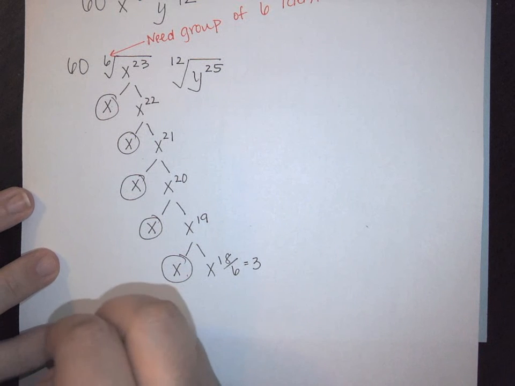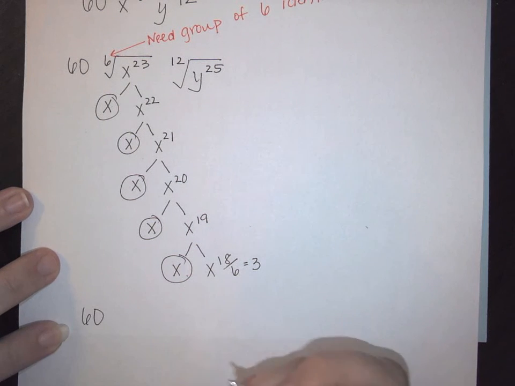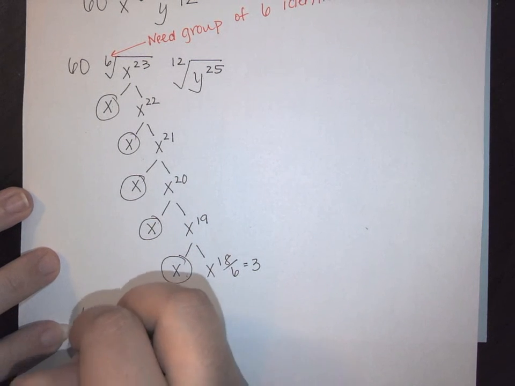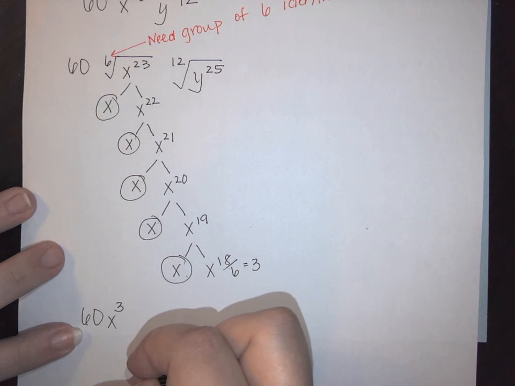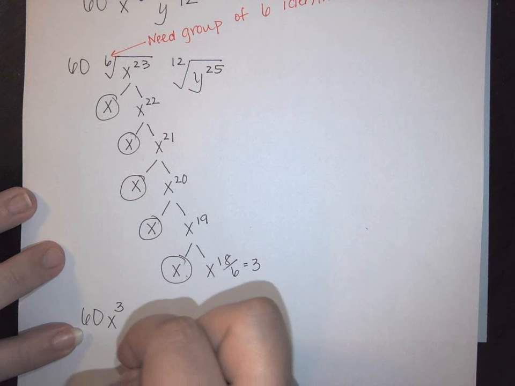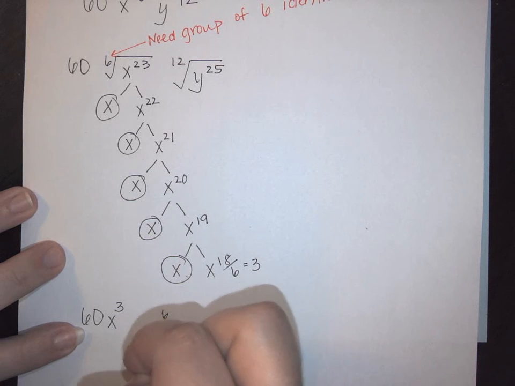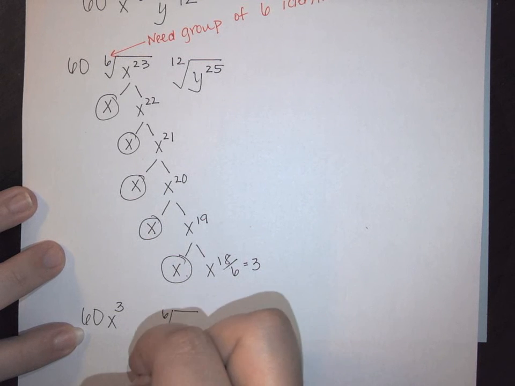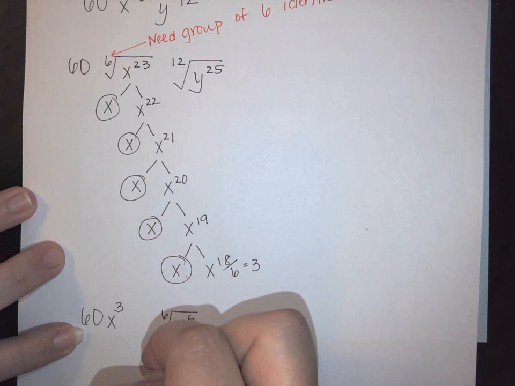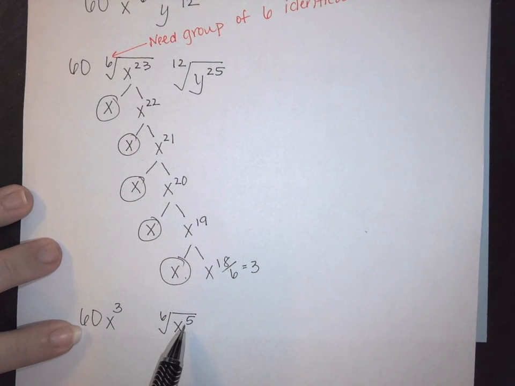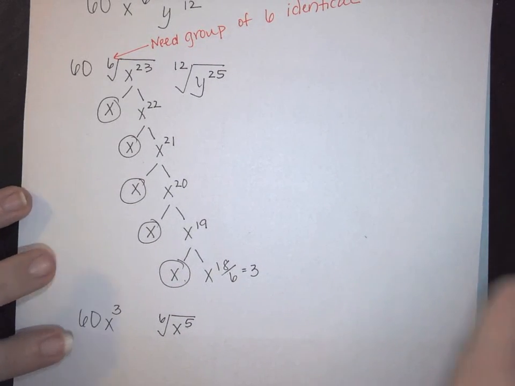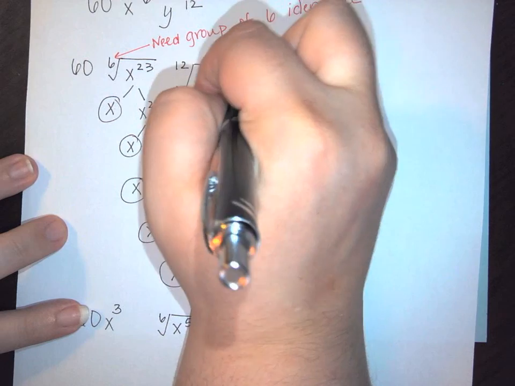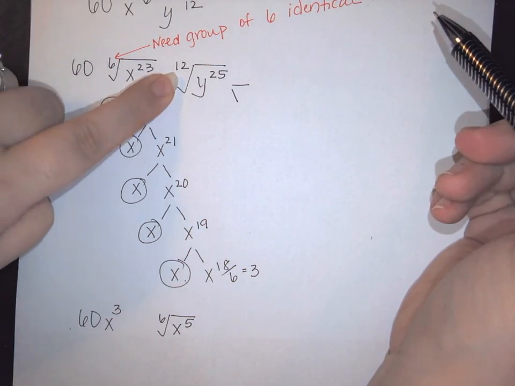Okay? So what we have right now is we have 60. We've got an x cubed on the outside. I'm going to leave a space, and this is going to be my 6th root of x to the 5th, because I cannot pull a group of 6 out of only 5 remaining. Well, we can do that exact same idea with my y's. I have 12.